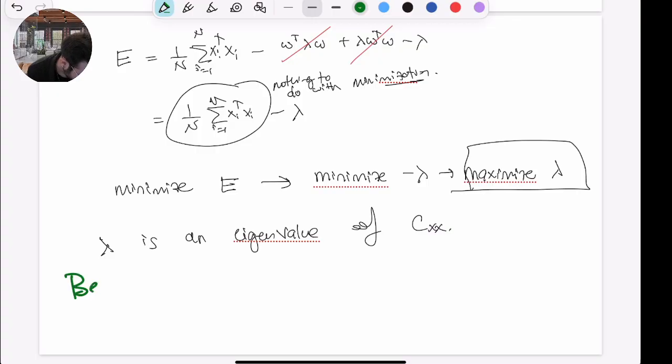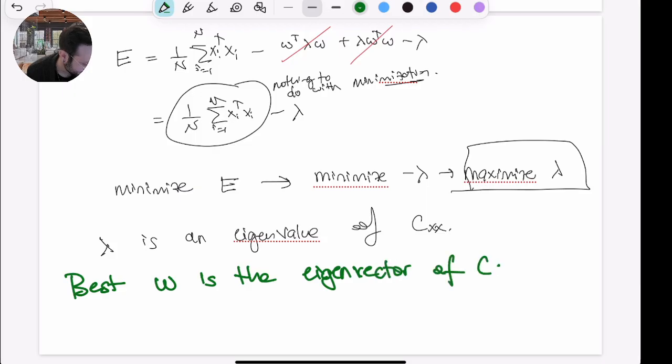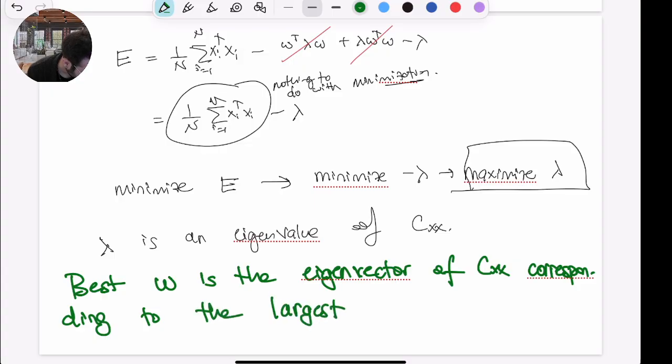The best w then is the eigenvector of C_XX corresponding to the largest eigenvalue. Why? Because I need to minimize error, maximize lambda. All right, so that deserves some exclamation marks.